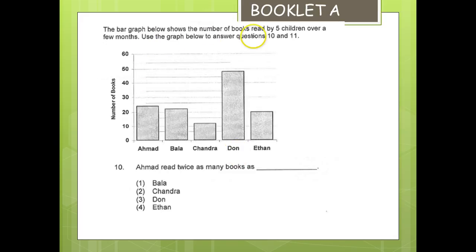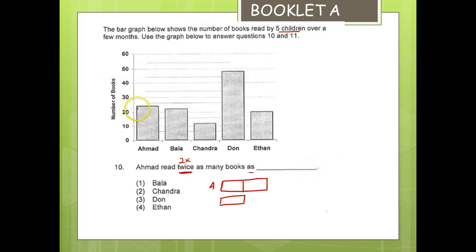The bar graph below shows the number of books read by 5 children over a few months. So I have Ahmad, Bala, Chandran, Don and Ethan. Ahmad read twice as many books as who? So I know Ahmad must read 2 times more. This is Ahmad. So this person must be half of Ahmad.